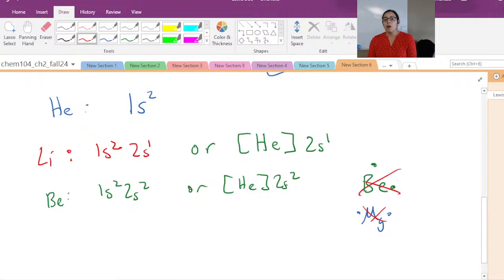We want to show that we need to fill this s orbital up first. So more appropriately, we want to keep the 2 dots on one side. It doesn't matter what side they're on, just as long as they're together. And again, we'll show the why and what we're trying to translate as we continue.